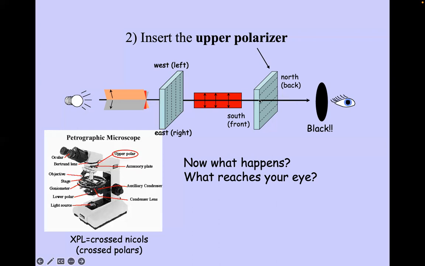There will be some light which can be resolved along this direction. So if any light passes through this one, then we call it plane polarized, cross polarized light, because it is after the second polarizer, right?